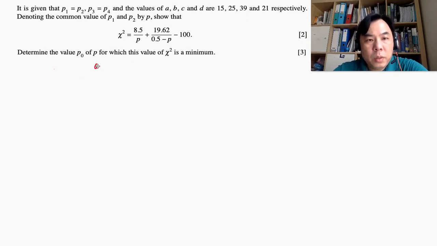So therefore, we're going to differentiate this in order to figure out when the chi-square will have a minimum value or maximum value. So we're going to differentiate this with respect to its proportion.